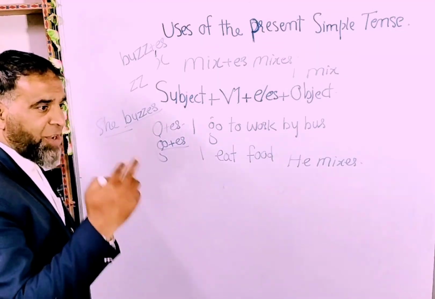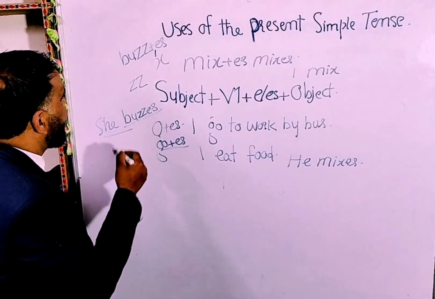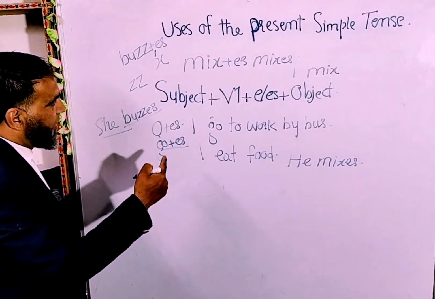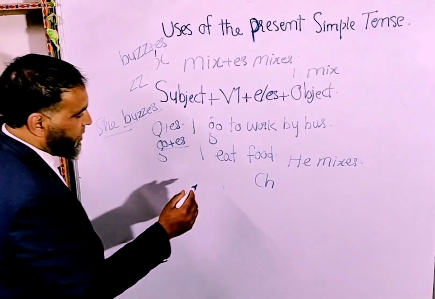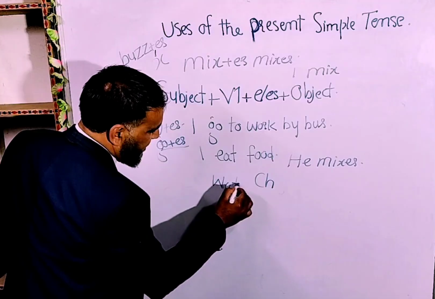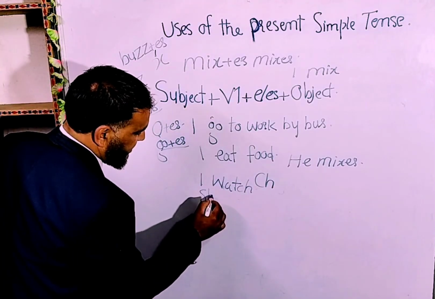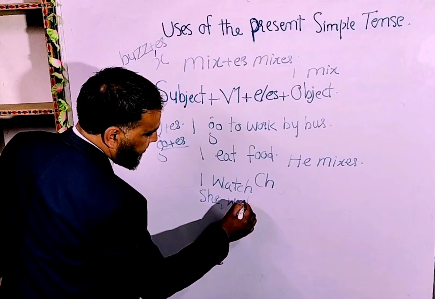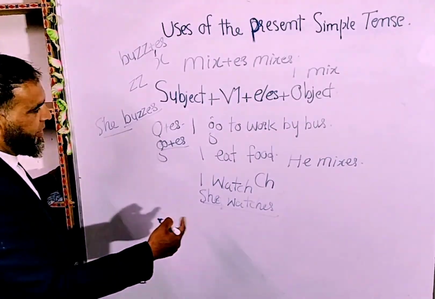Nobody buzzes. Everybody buzzes. And verbs that end in CH, watch. I watch. But she watches. Okay, friends? She watches.